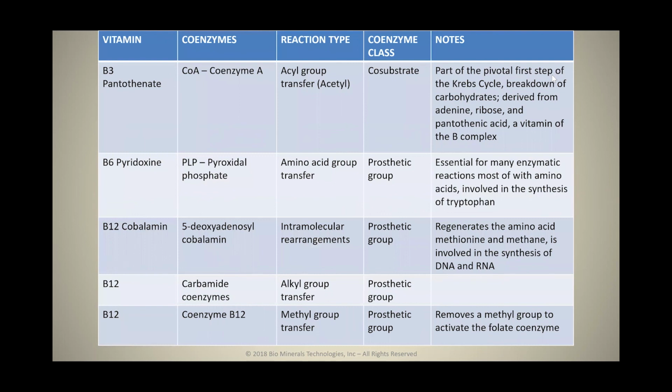There is vitamin B12. This regenerates the amino acid methionine, involved in the synthesis of DNA and RNA. So that's kind of important. The fact is nothing lives without B12. You won't make B12 without cobalt.